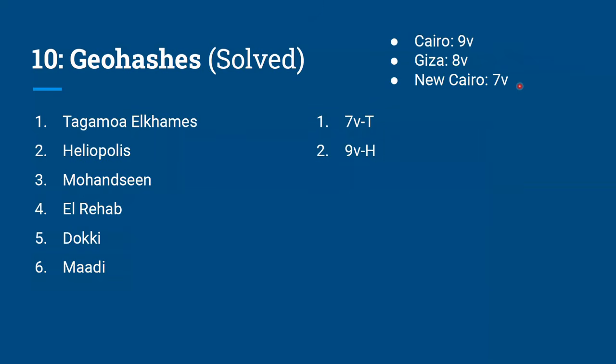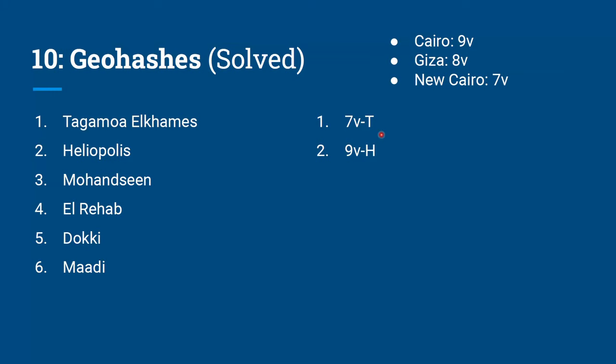Let's go back to our problem. For the first and second regions, تجمع الخامس and Heliopolis, تجمع الخامس would belong to what? New Cairo. So we would append the first letter of تجمع الخامس to the encoding of New Cairo, which would make 7V-T. What about Heliopolis?